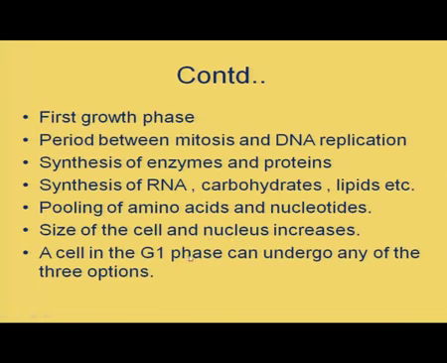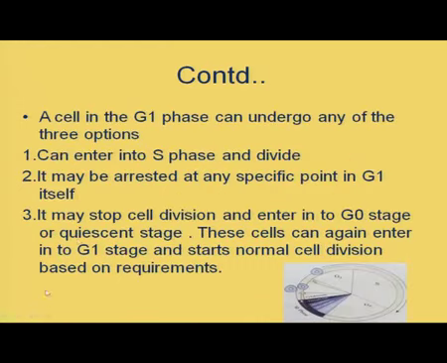A cell in the G1 phase can undergo any of the 3 options. First option, it can enter into the next stage. What is the next stage? S phase, and then it can divide. Second option, it may be arrested at any specific point in the G1 phase itself, it can be stopped.